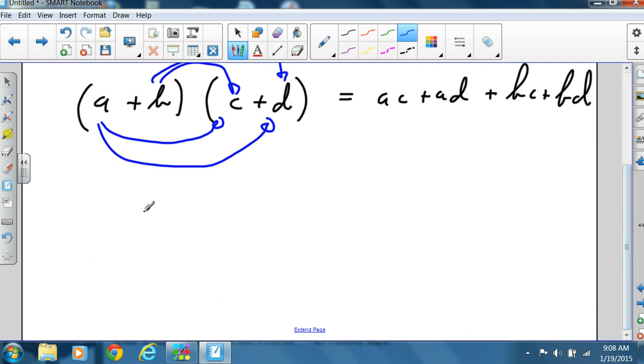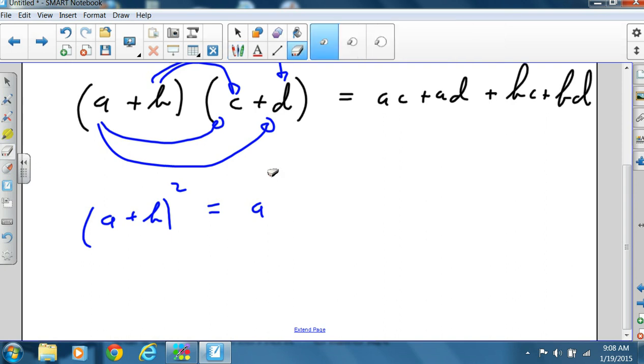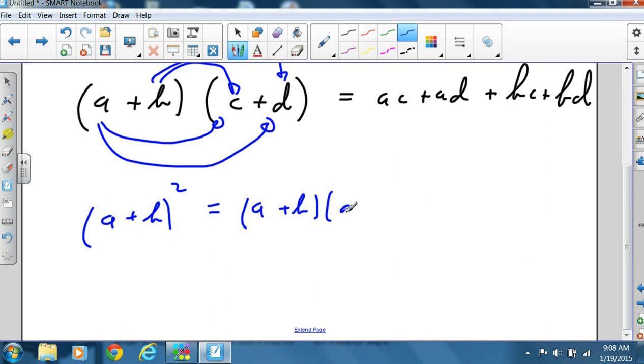Now, it's not in this chapter, but if it were A plus B squared, then I'd have A plus B times A plus B. Then I'd have A squared plus AB plus BA plus B squared.